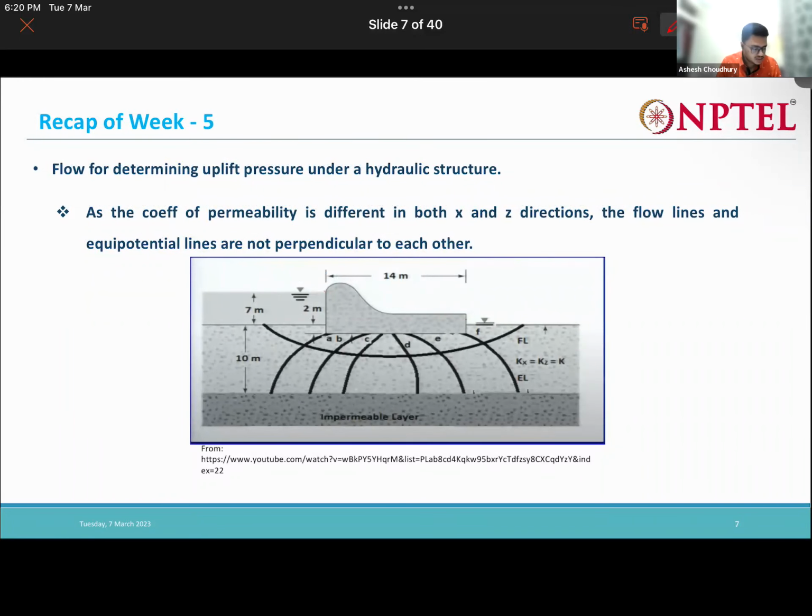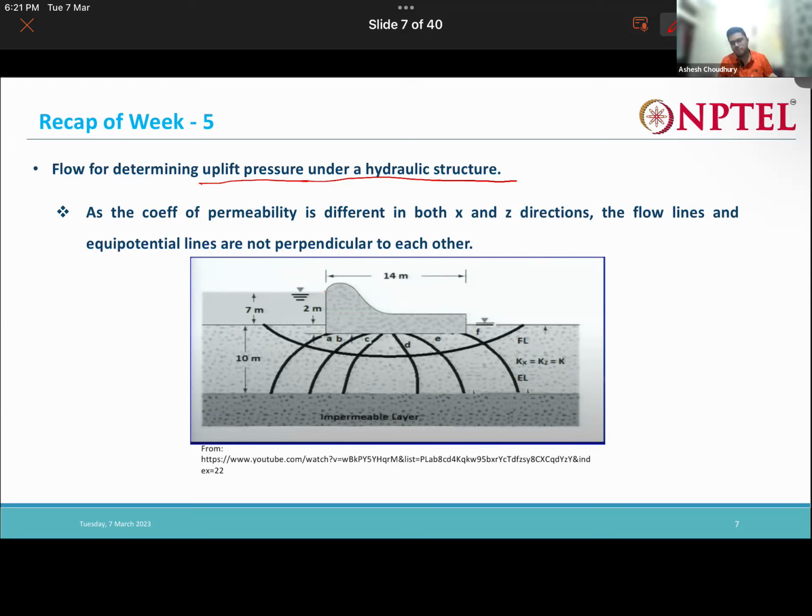Now the next topic is uplift pressure determination, uplift pressure under a hydraulic structure. This is a very important topic. What happens is that when we have a hydraulic structure, say an earth dam, or any other dam, maybe a concrete dam, due to the flow of water through the soil beneath the river bed, there is an uplift force.